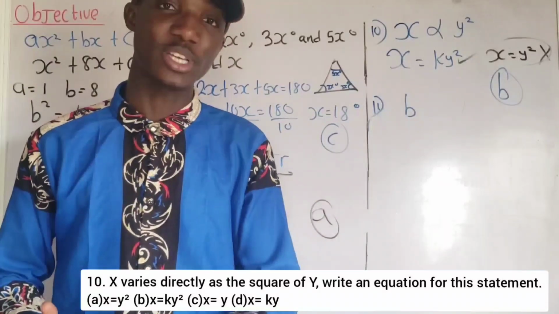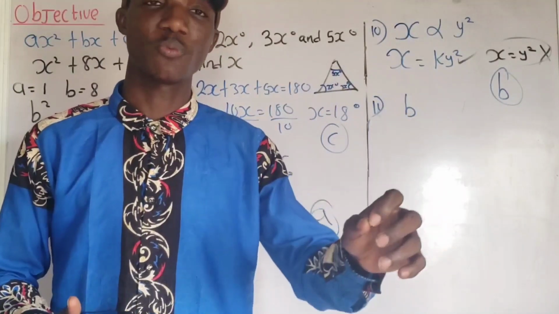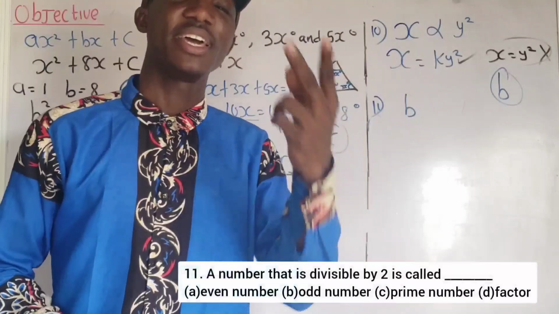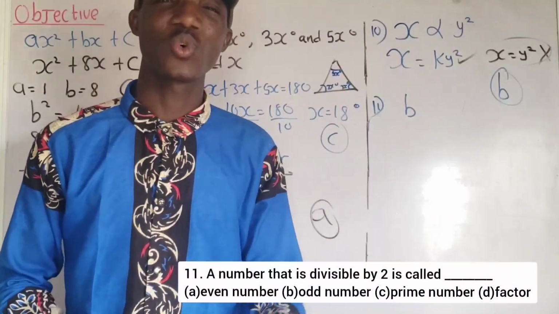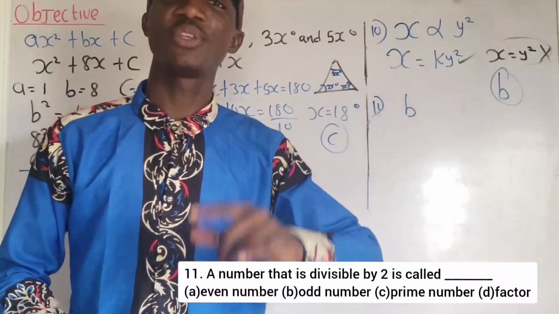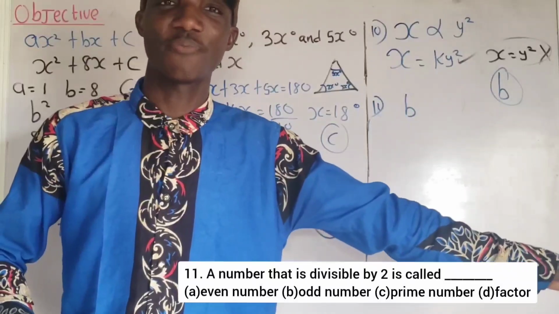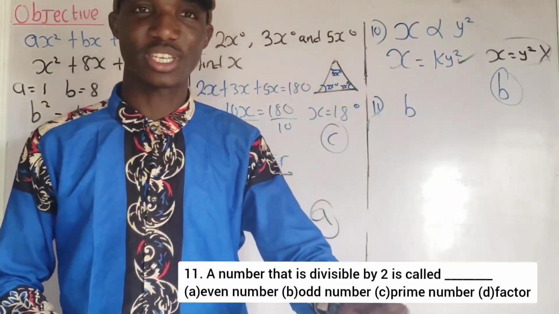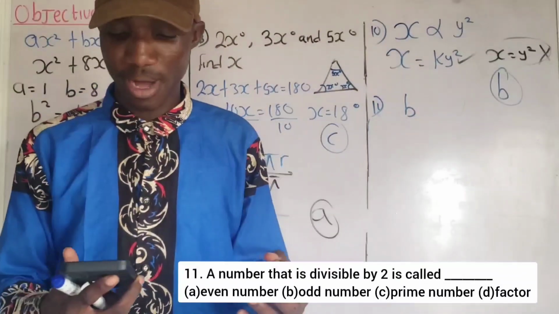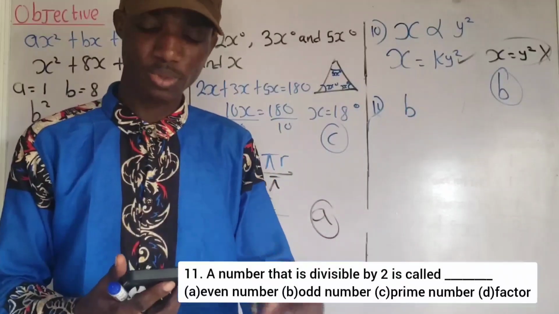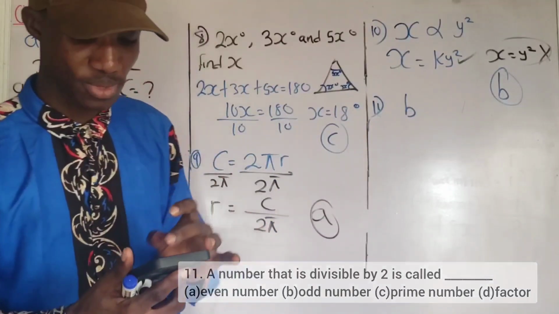For example, 4 divided by 2 is 2, 6 divided by 2 is 3, 8 divided by 2 is 4. So those are even numbers, and that is not the right option. The right option to that question is odd number, which is option B.